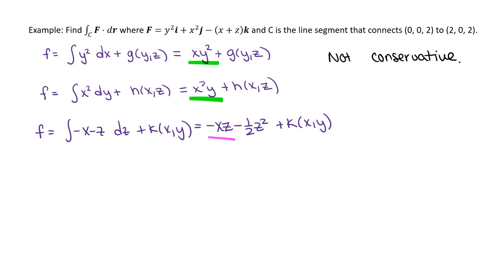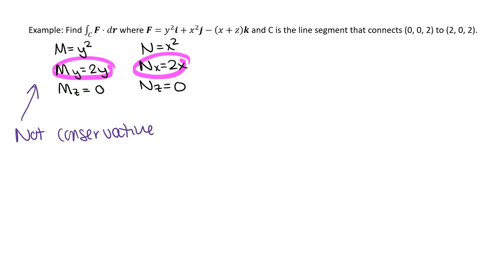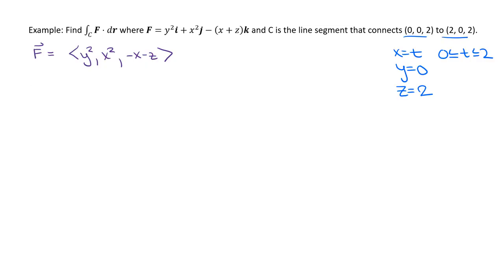This function, unfortunately, is not conservative. We could have done the m's and the n's and the p's, and we could see that it's not conservative there as well, because the m sub y does not equal the n sub x. Okay, so what does that mean? If this is not conservative, unfortunately, that means we cannot use our fundamental theorem, and we have to do this problem the long way, the method we learned in the previous video.